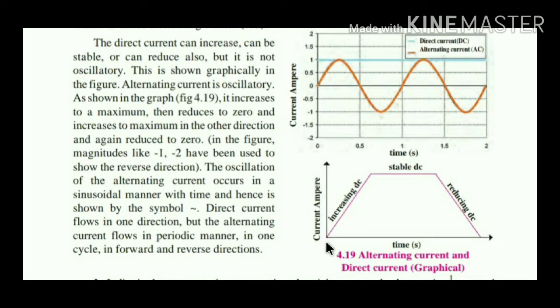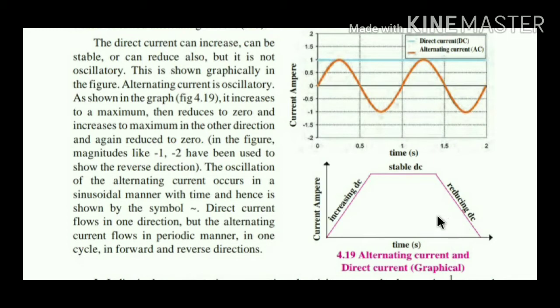On this axis, current is shown, and this is time in seconds. Direct current equipment we use in our home are torch, radio, or simple circuits. When we want to increase the current, we increase the number of cells and increase this direct current. This current is also stable, and when we want to reduce it, we can reduce the number of cells and reduce the direct current.